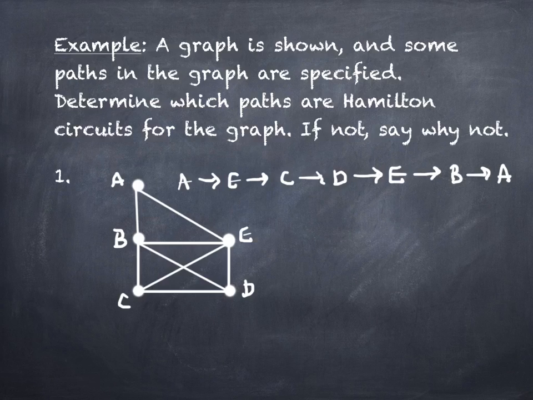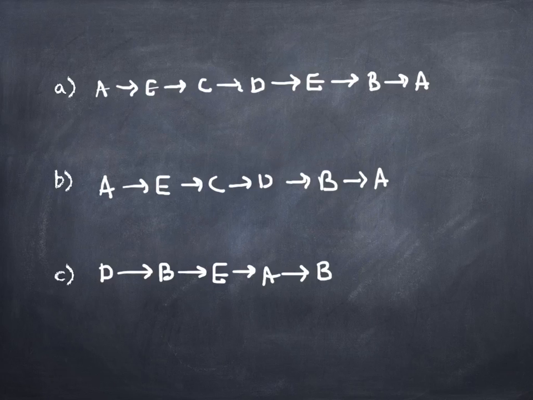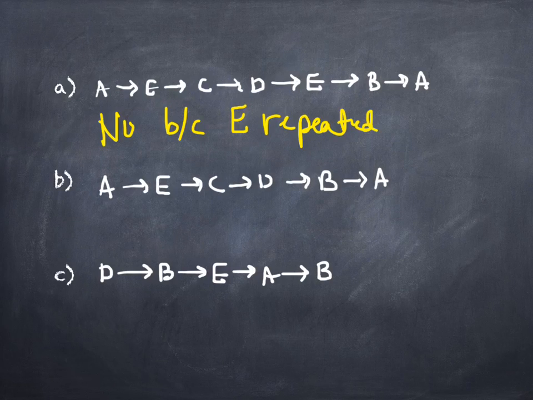So I can't have this going on. I cannot have this repeat. So this is not a Hamilton circuit, because E repeated. That's the problem.